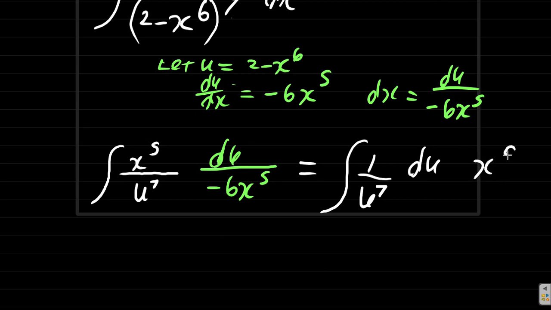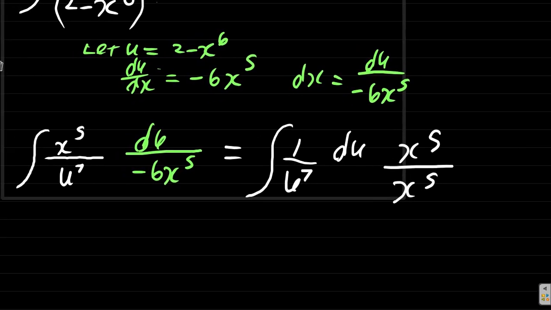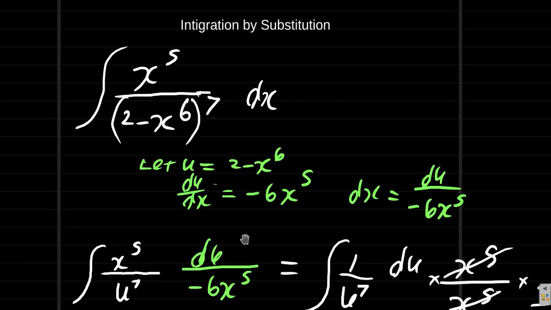We have x to the 5, then here we have another x to the 5, but in the denominator we have negative 6, so we could write times 1 over negative 6. Notice that x to the 5 will cancel x to the 5, alright?